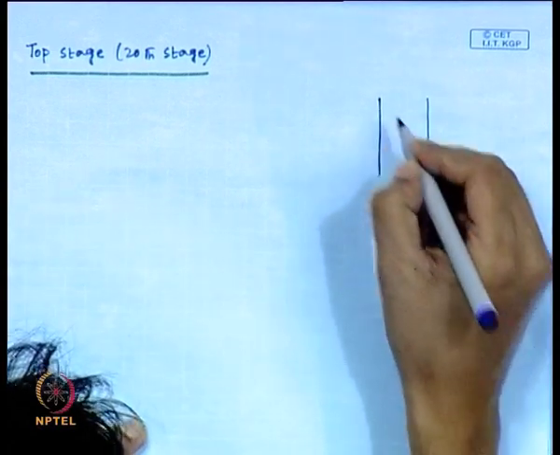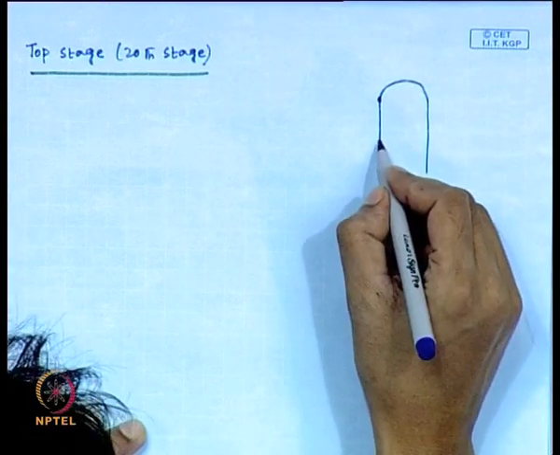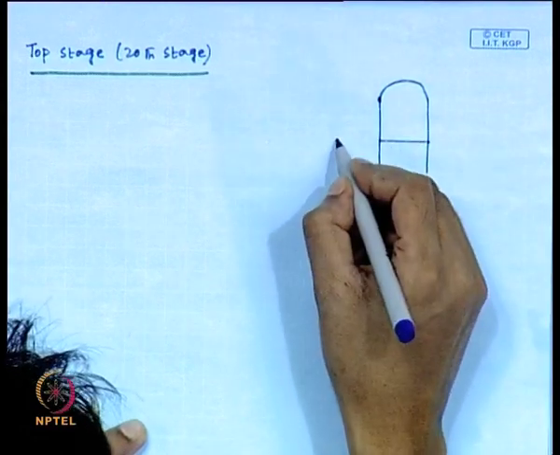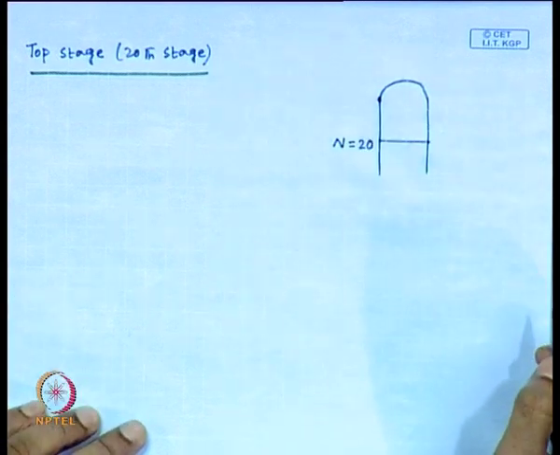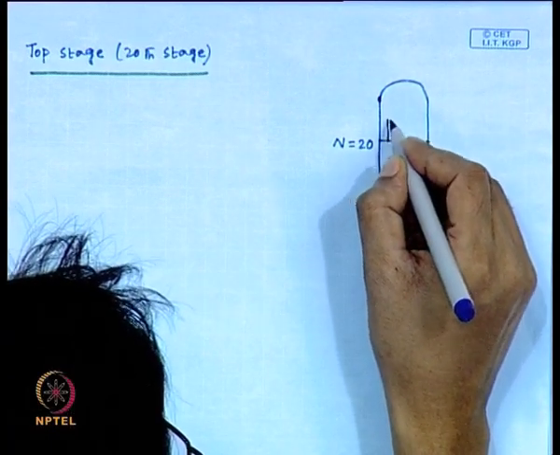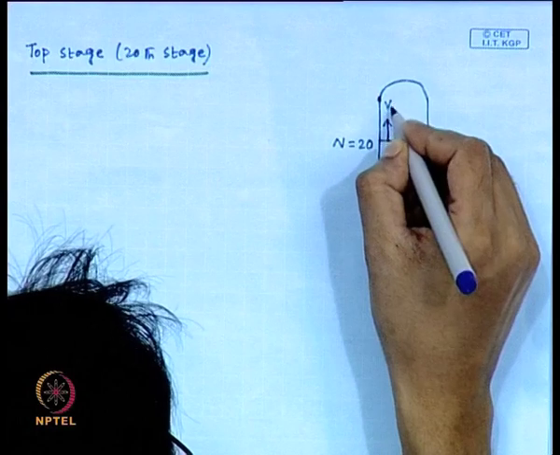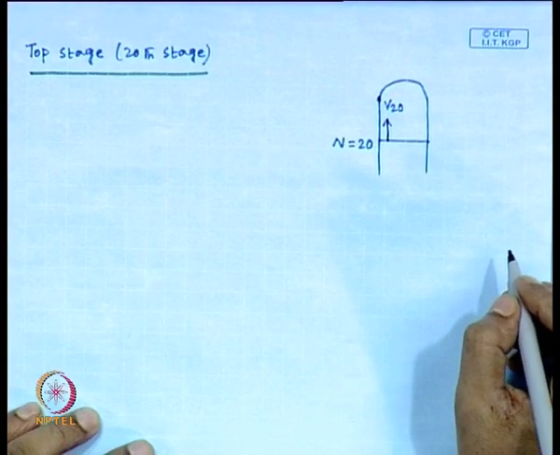So, this is the top section of the column and this is the 20th stage, so n equals 20. The vapor leaving this top stage is V20.